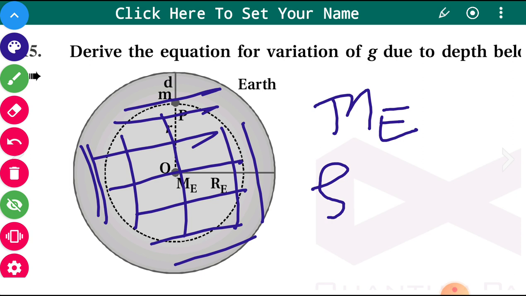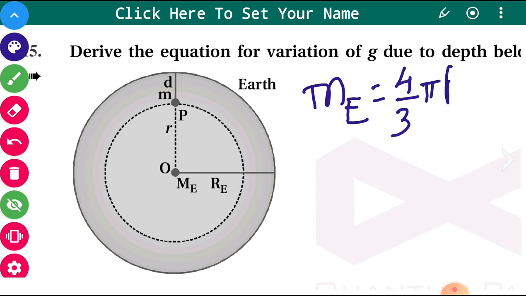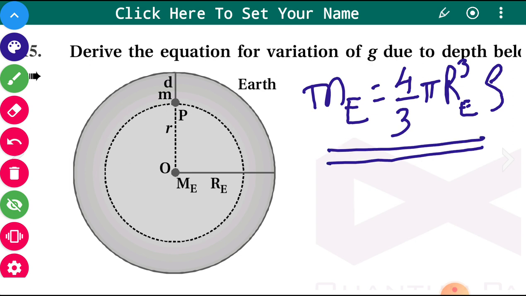Now as you know, mass is equal to density multiplied by volume. So the mass of the earth is volume, that is 4 by 3 pi Re cube, multiplied by the density, that is rho. So 4 by 3 pi Re cube rho will be the total mass of the earth.